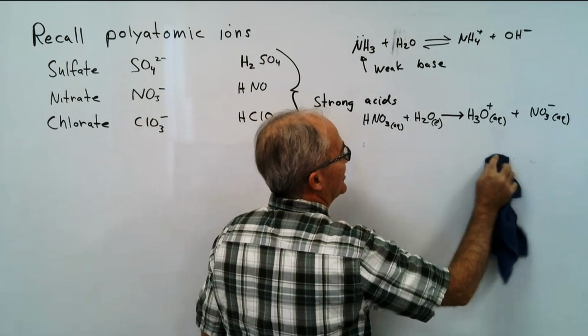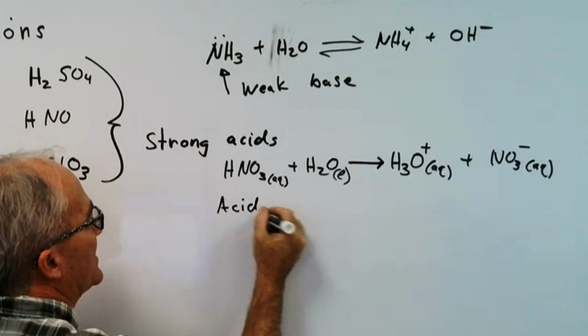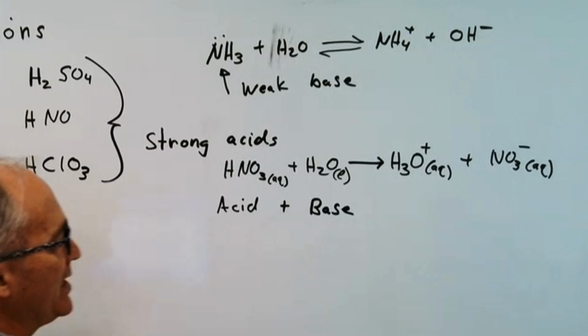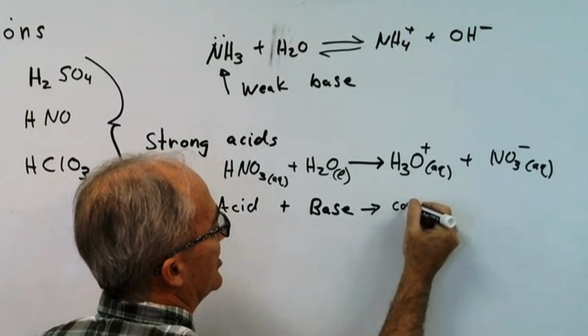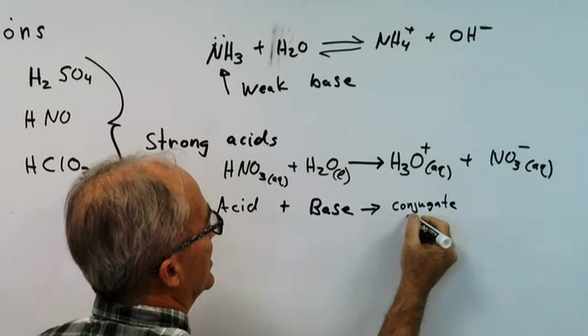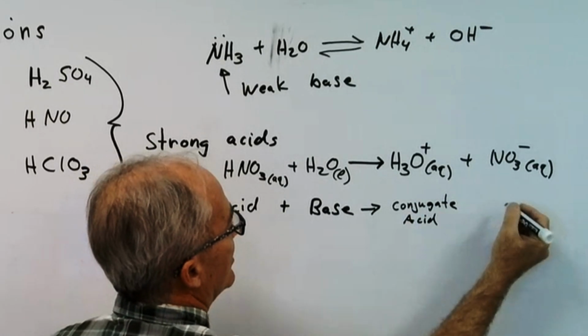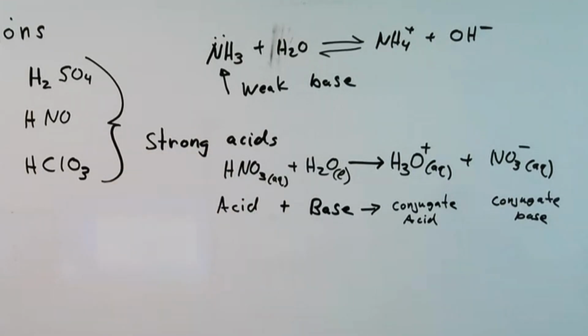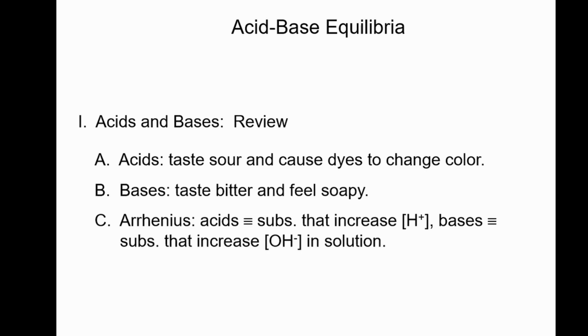Every acid-base reaction requires an acid and a base. So water's behaving as a base, so this thing called hydronium we'll call a conjugate acid, and nitrate we call the conjugate base.